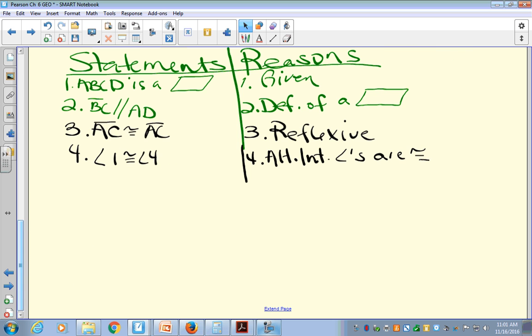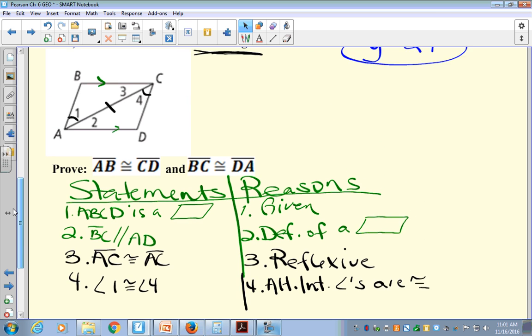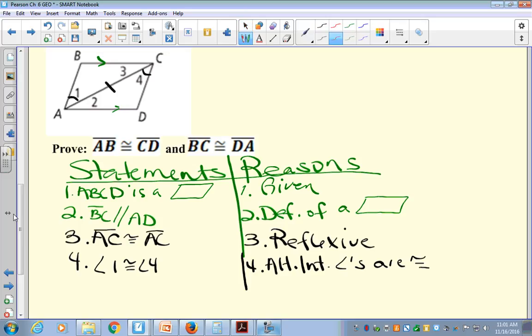And that applies to 3 and 2 as well. So we're going to put that underneath 4.